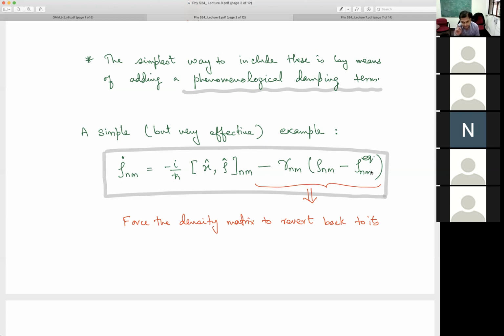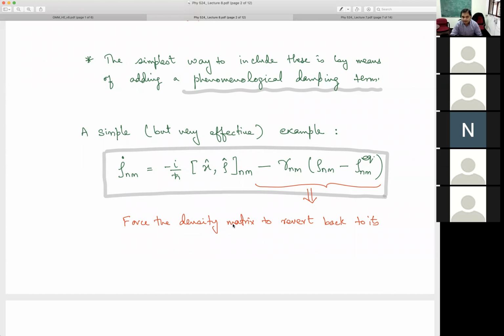Now, what is rho nm equilibrium? Rho nm equilibrium is the density matrix which is there when there are no interactions. So I set up this atomic vapor, and there is no light. So I will have this rho nm equilibrium. Then I switch on light, and I will start having dynamics because of this, and rho nm will change from its equilibrium value.